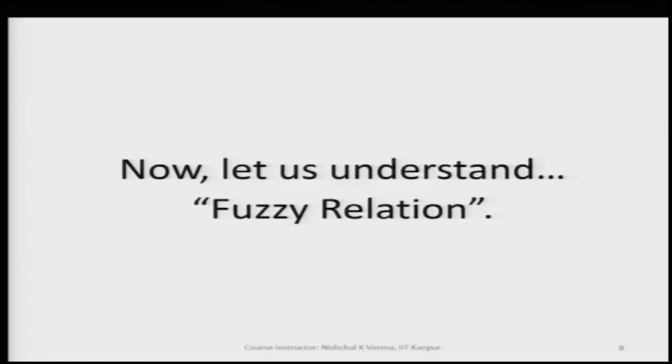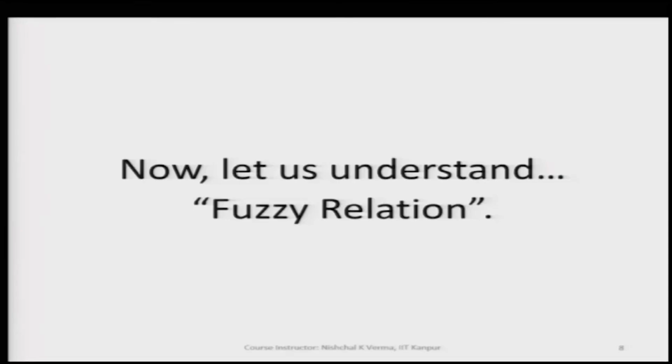So, once we now know the Cartesian product of two fuzzy sets A and B, let us understand fuzzy relations on the same lines as we have seen in the crisp relation, and we will understand how we find the fuzzy relation from the Cartesian product.